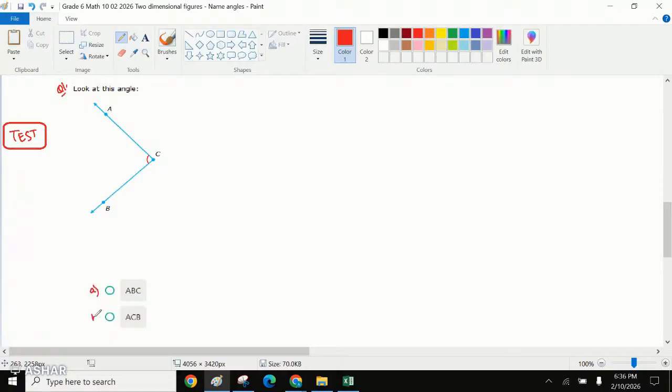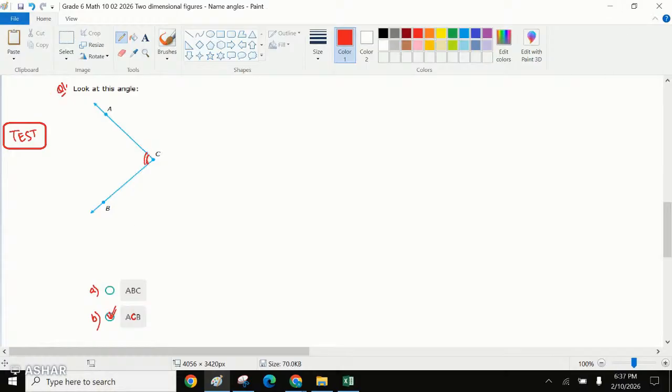This is part A, option A and option B. Okay, let's look at this question. Can anyone give me the answer? What should be the correct answer? Yes, A, C, B. Perfect. Why? Because C has to be in the middle. Thank you, Princely. Because C was in the middle.